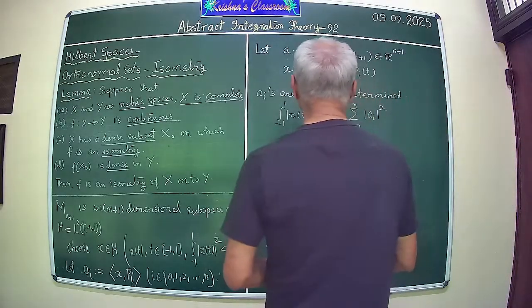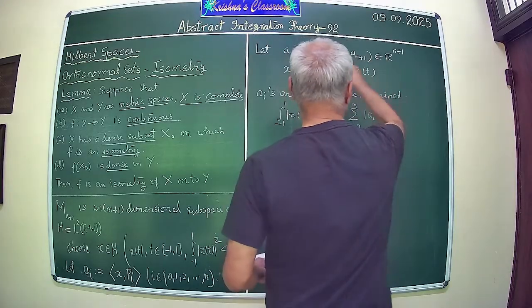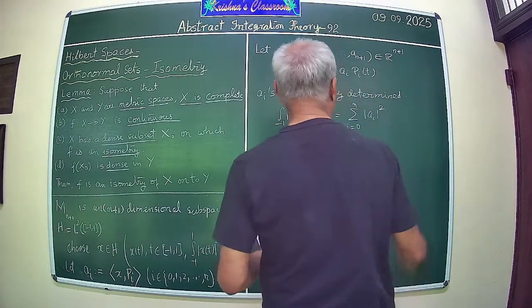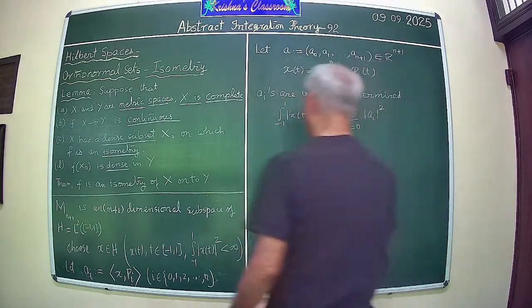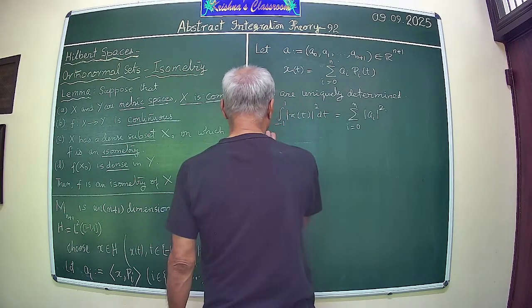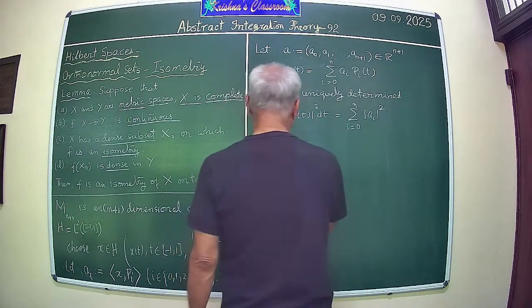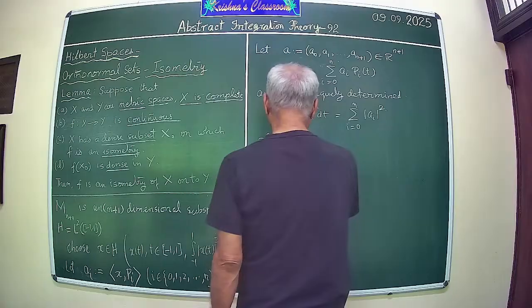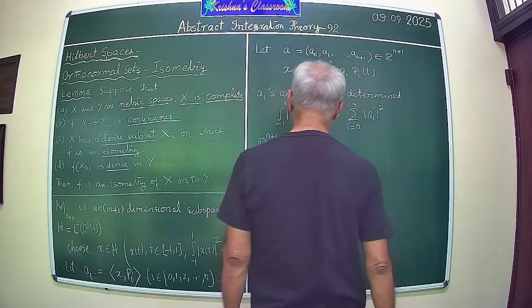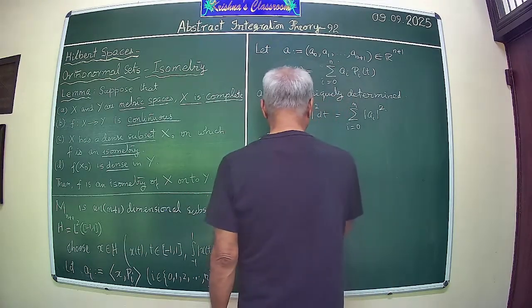And now you see that the R^(n+1) here can be identified with what is called L2.